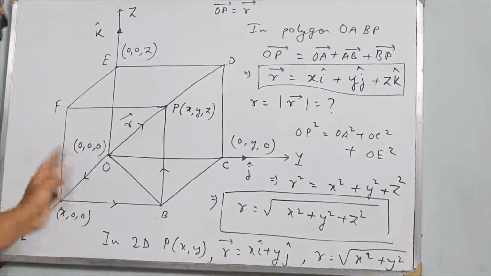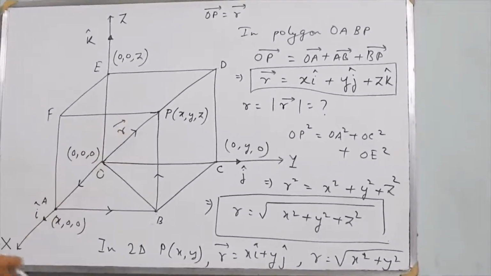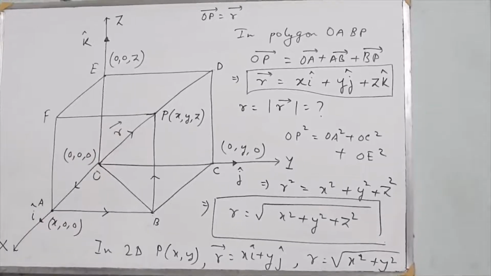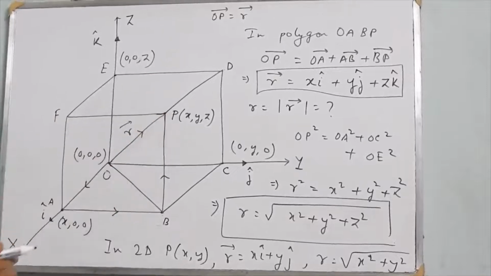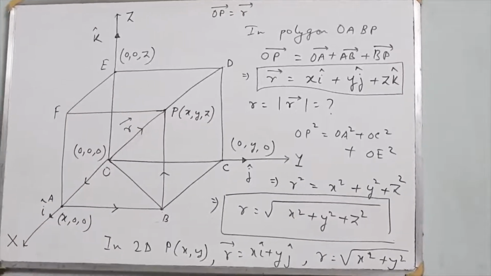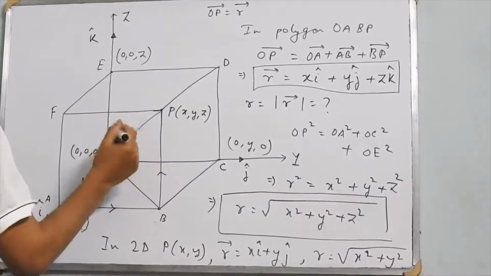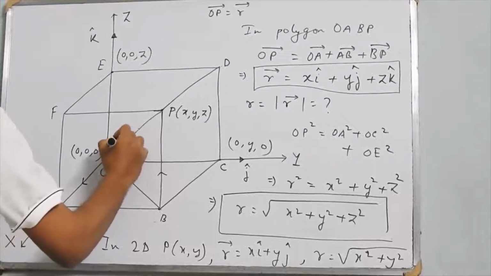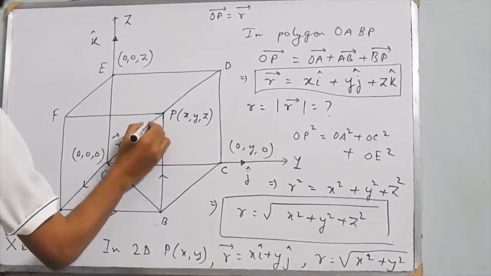Now, as there is a position vector with respect to any point in space or in a plane, we can also associate the direction of the position vector with another unit vector. Suppose we have a unit vector along the direction of the r vector, which is called r hat.